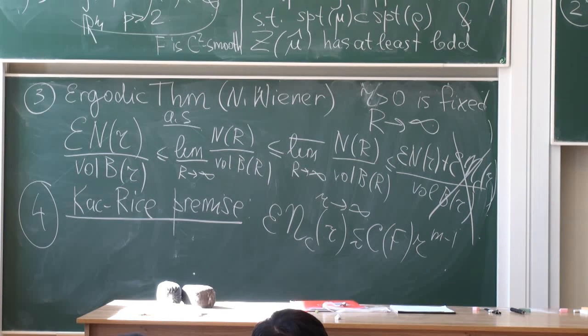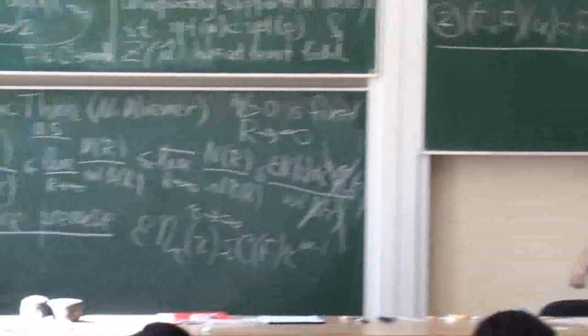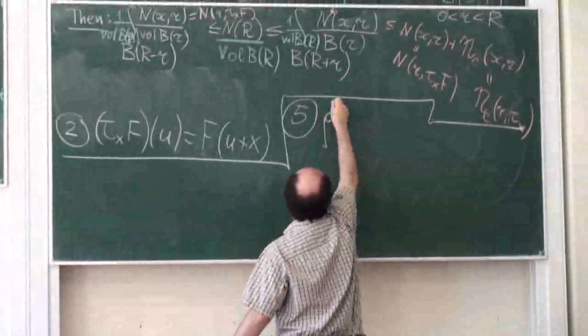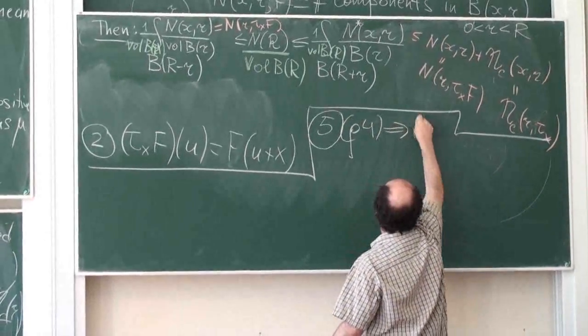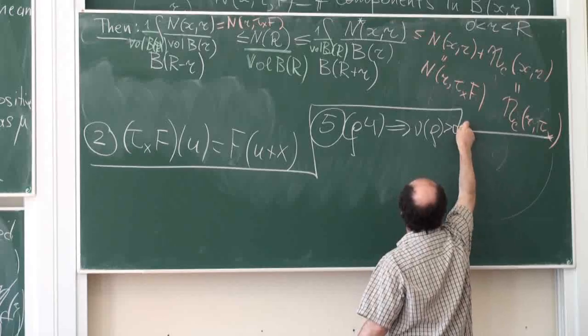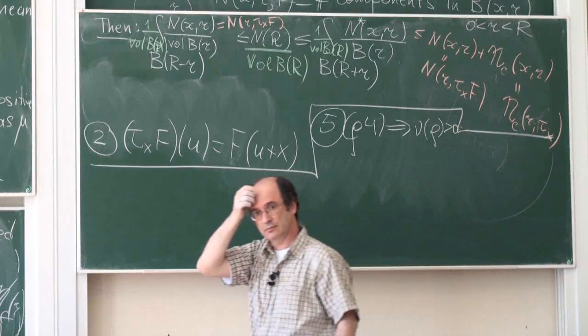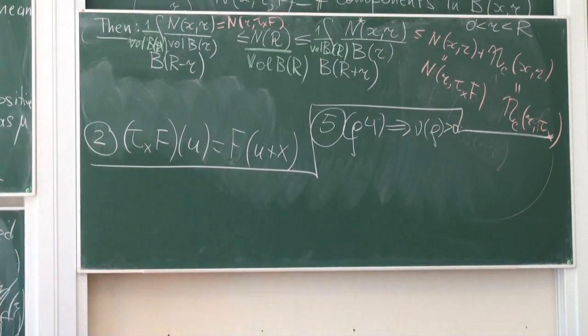Maybe I will try. I want to try to keep everything on the blackboard. So the last part is that condition rho 4 yields positivity. So let's think, what do we need to prove?